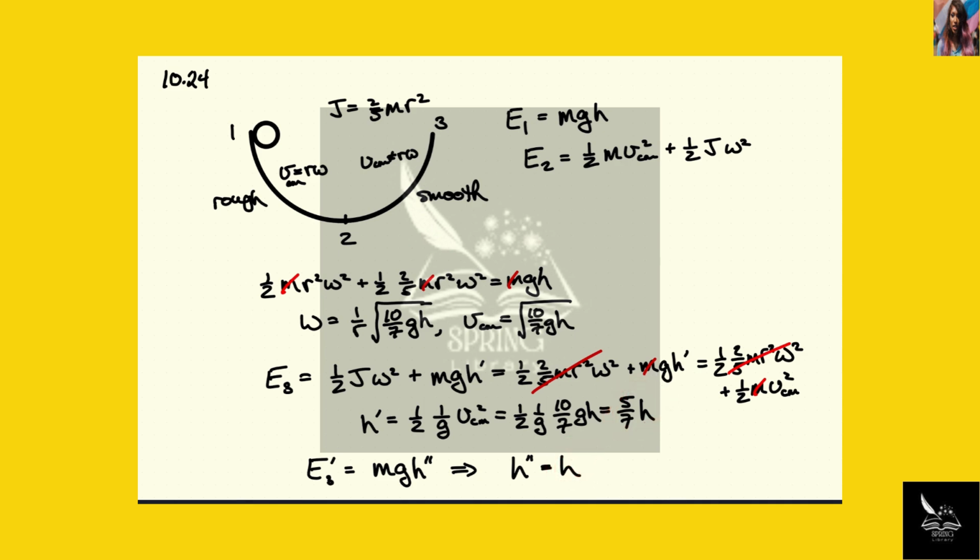Well, why it's less is because there's no translational velocity when it comes up to this point, up to 3. Remember, we don't have any translational velocity at 3 right here. It's still rotating. So we built up some kinetic energy coming down here, but we didn't extract it all going back up. We only extracted the translational part of it, so it doesn't rise as high.